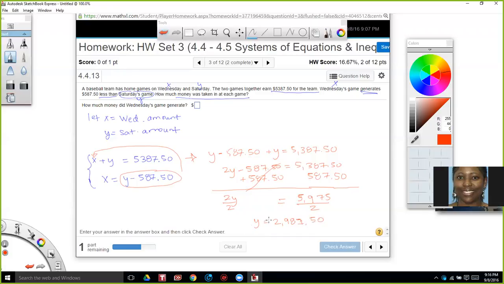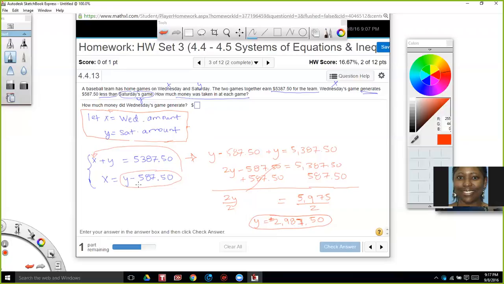All right, so this is your y. This is what y is equal to, okay? And what does y represent? So we go back to our information from the beginning. Okay, y represents the amount generated on Saturday. So that means $2,987.50 on Saturday. So how do I find out how much was generated on Wednesday?